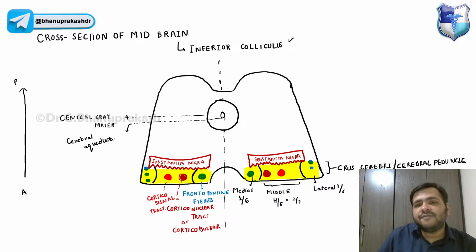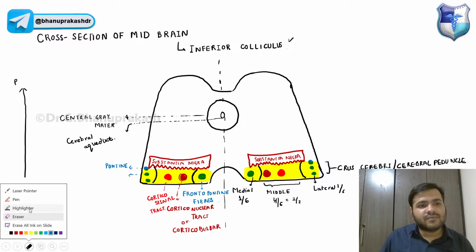So we have three fibers coming from the remaining three lobes, and that is on the lateral 1/6.